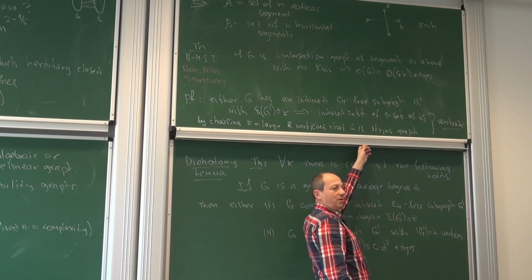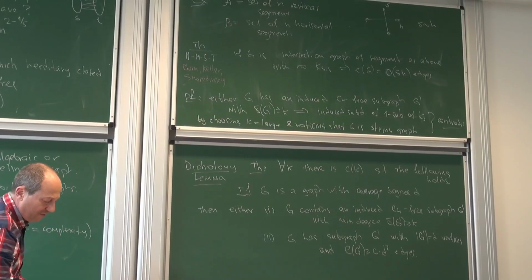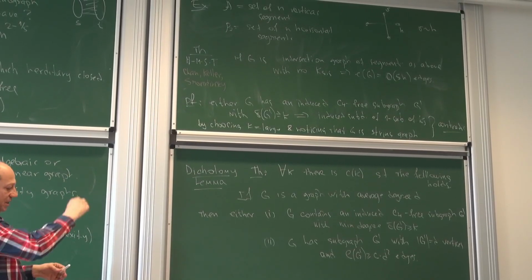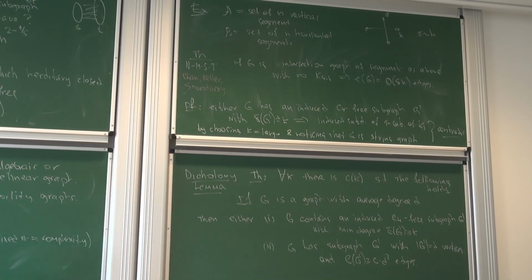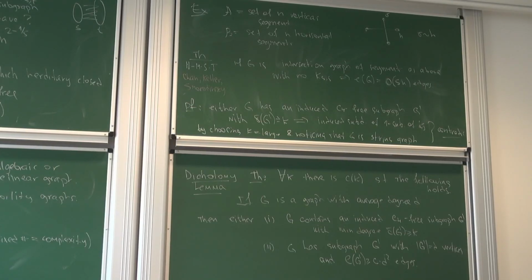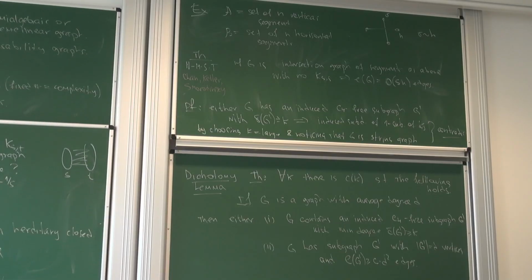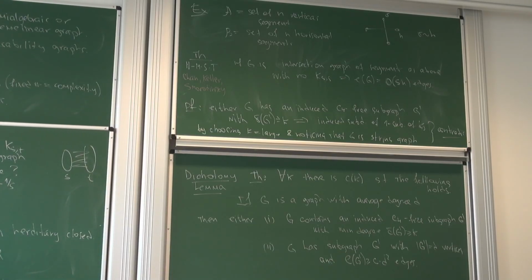So this cannot happen, right? Because this is a very special case of string graph, I can choose this K large enough that I would not be able to find inside an induced C4-free subgraph with minimal degree. So therefore, I'm in the second case, right?